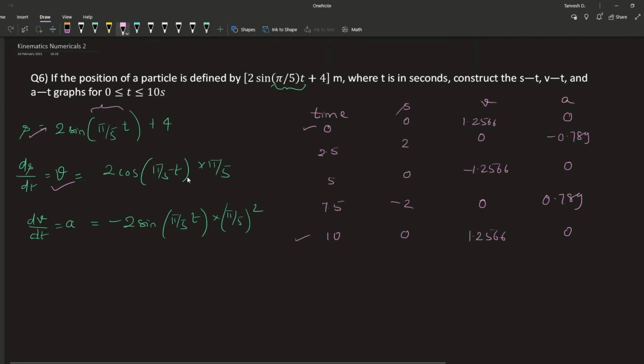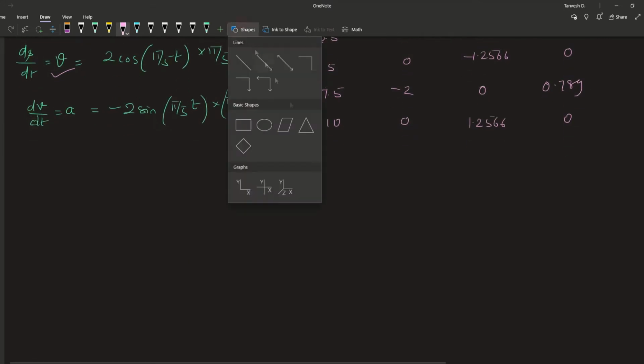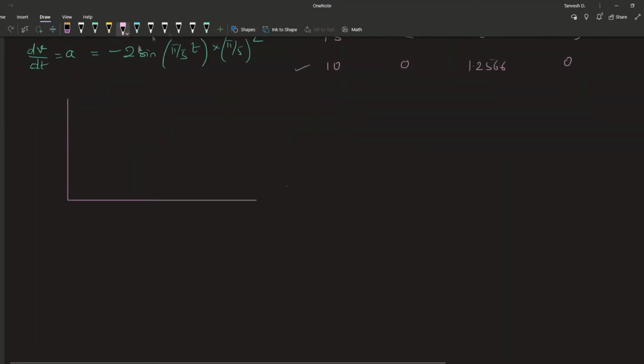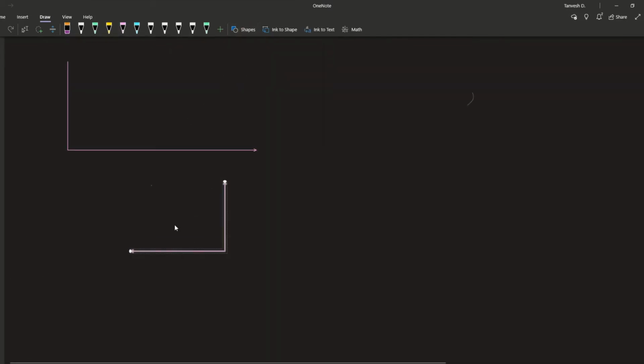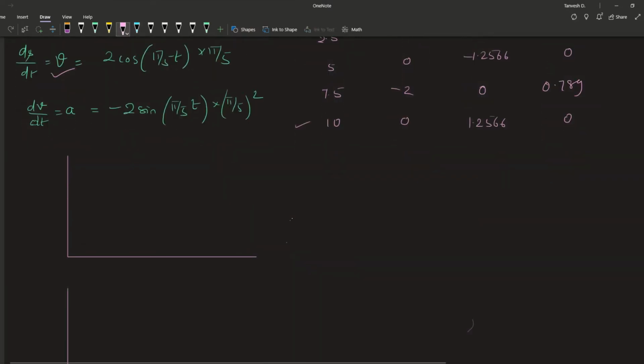So let us plot them. So the time interval is 0, 2.5, 5, 7.5 and 10.